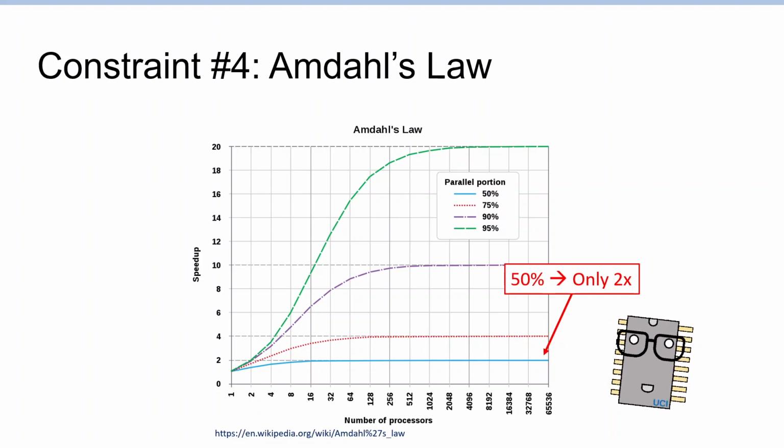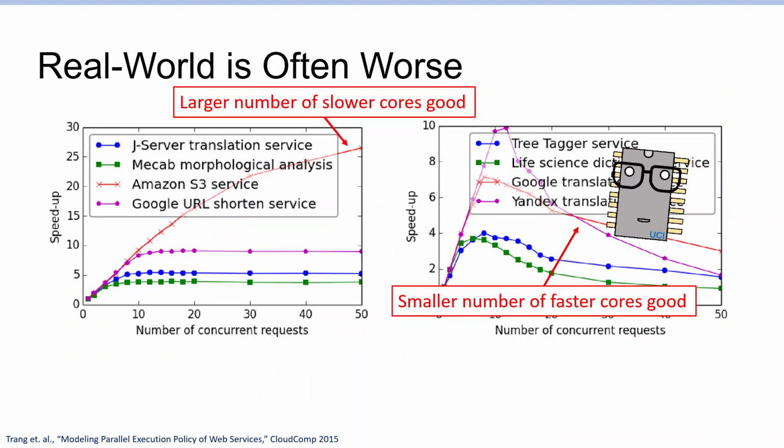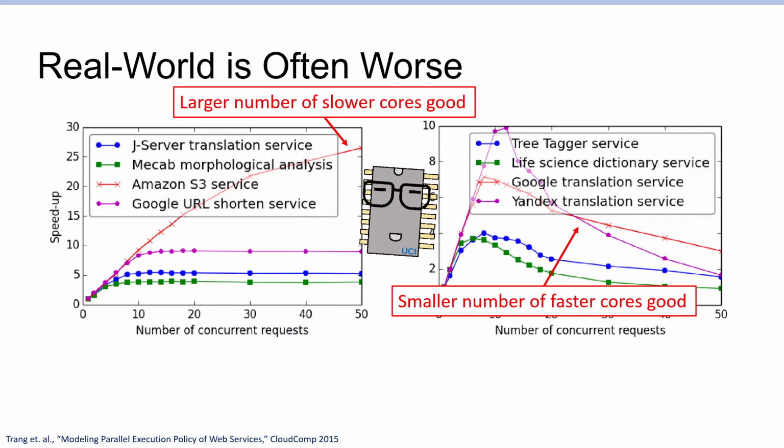And here, this is just a sort of numerical analysis on how programs will behave according to different parallelizability characteristics. If you look at real-world applications, the situation is often even worse. So here, I took these figures from a paper which profiled web applications.